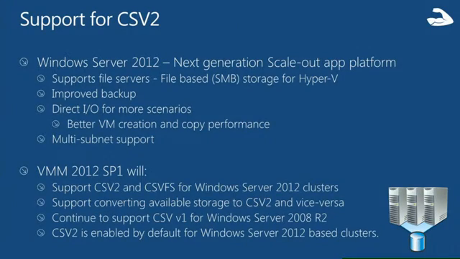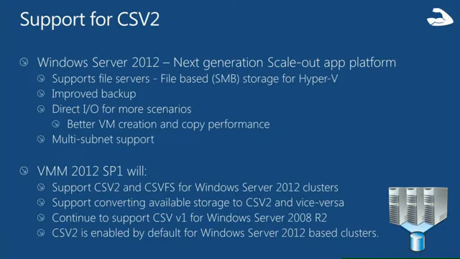Specifically in VMM 2012 SP1, we support CSV v2 and CSVFS. Those are the default settings. If you create CSV or enable CSV on a 2012 cluster, we'll use CSV v2 by default. We continue to support CSV v1 for Windows Server 2008 R2 based clusters. We also have always had the ability to convert available storage in a cluster into CSV and to reclaim it back into available storage.